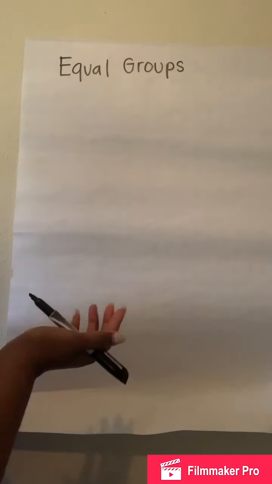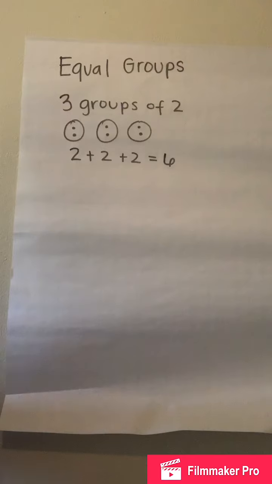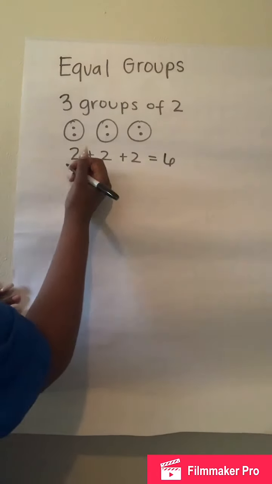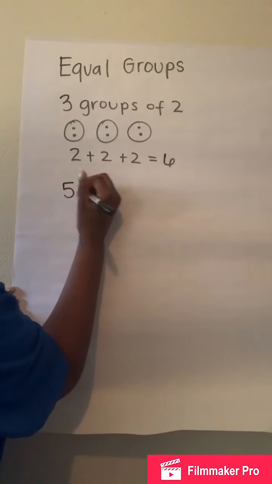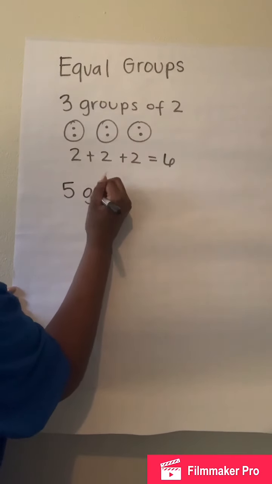We also talked about that we don't only have to draw our groups, we can just write the number in the group. So, for example, if I had 5 groups of 4, I can draw my 5 groups, and I can write the number 4 in each group.